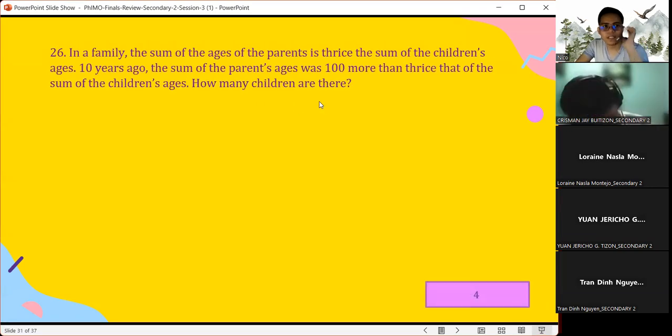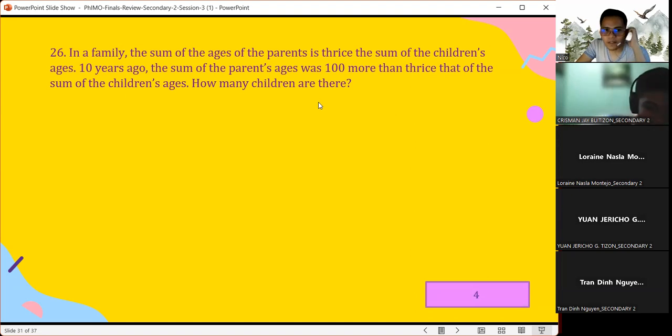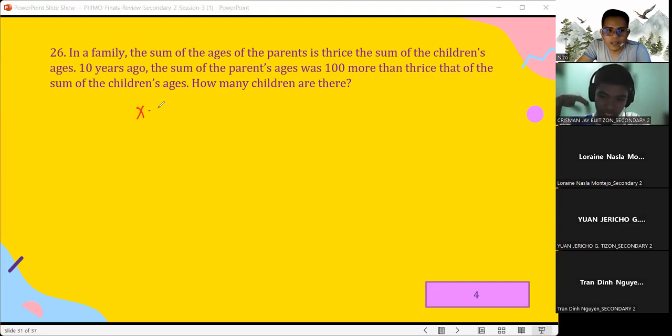Okay. So in a family, the sum of ages of parents is thrice the sum of the children's ages. So let's say that x is the sum of the parents' ages and y is the sum of the children.